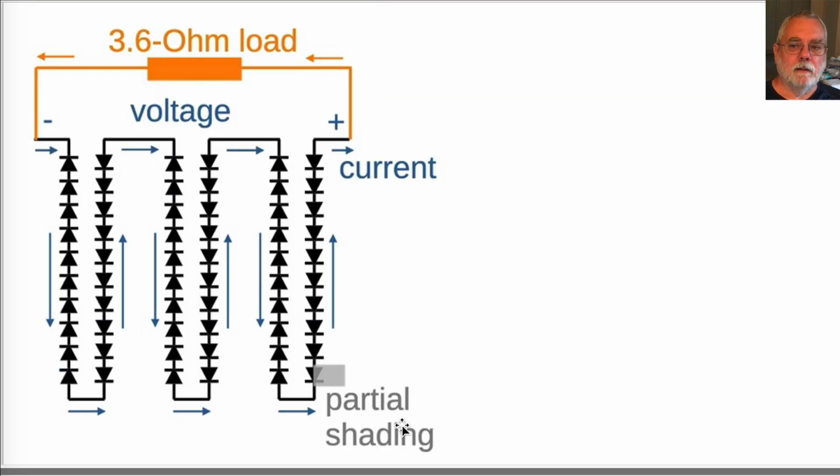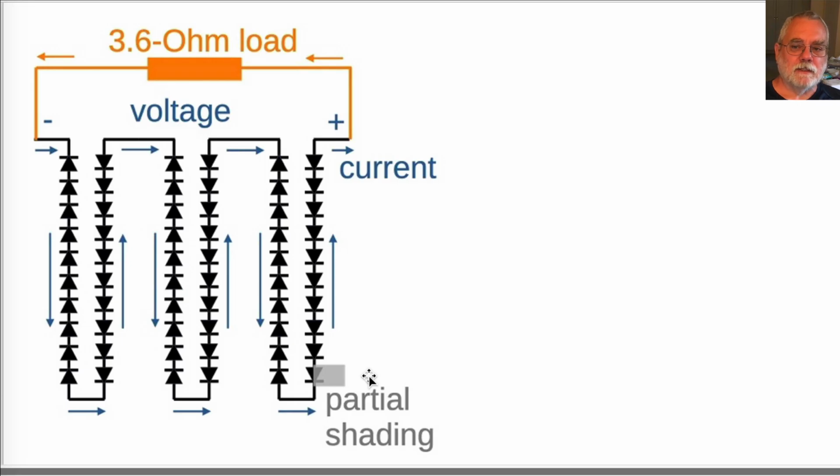Here I'm showing the lower right solar cell as partially shaded to 40% illumination. That partially shaded solar cell now can source at most 4.24 amps. The 60 solar cells are in series, so they all source the same current, 4.24 amps.